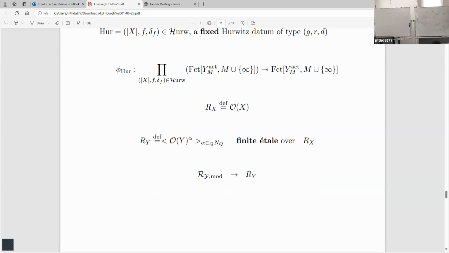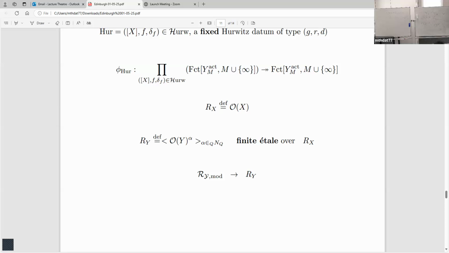So we project onto a single function space, which corresponds to a fixed Hurwitz datum, and inside this function space we have the ring of functions of OX, and we also have these finitely many copies of OY alpha. I will switch from the notation sigma bar to alpha, and so we take the subalgebra generated by these, and then we get this map here.